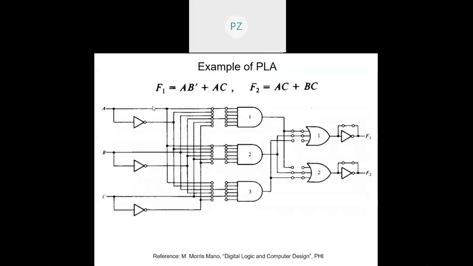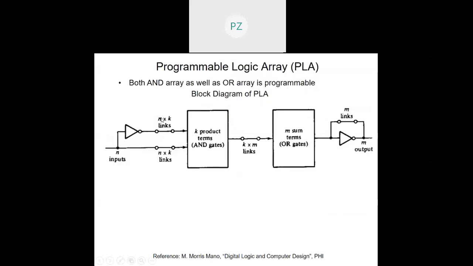So 2 3s are 6 is going to one gate, and the same 2 3s are 6 is going to the next gate, and to the next. So the total number of links over here will be 6 3s are 18. That is what I meant when I said n into k links here and n into k links here.